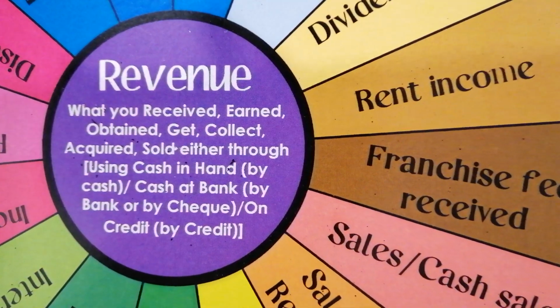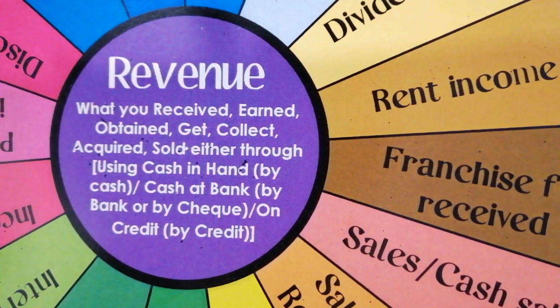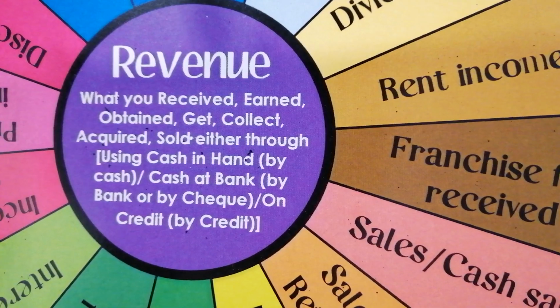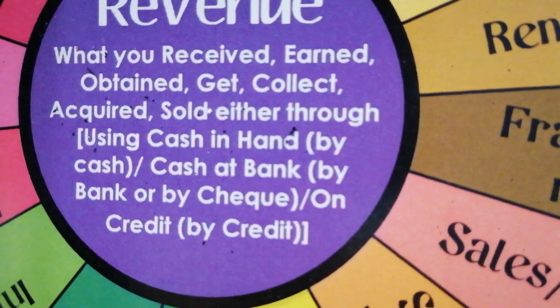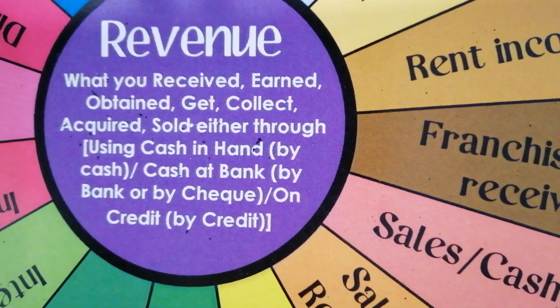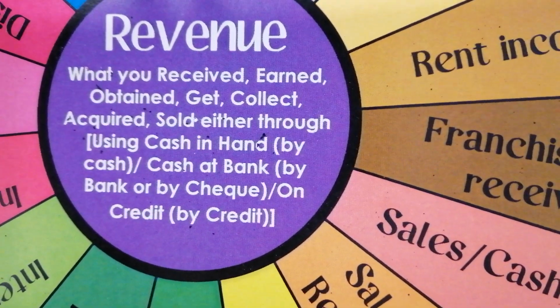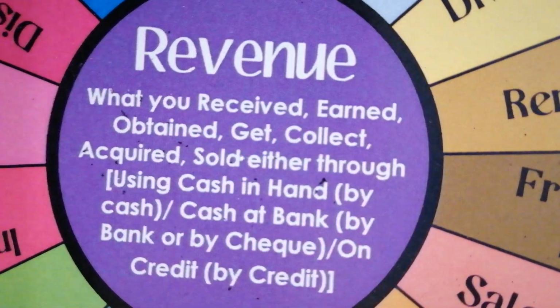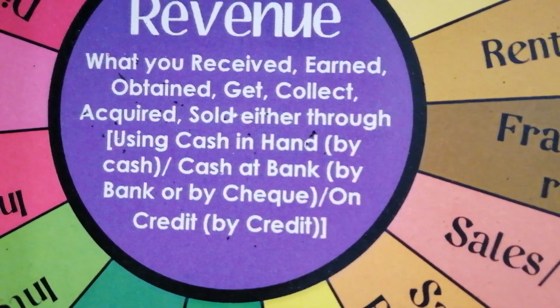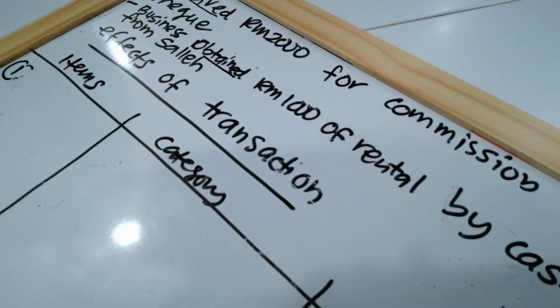What you receive, earn, obtain, get, collect, acquire, sold. Okay? Like sales just now, we use the term for sold using cash in hand, cash at bank or on credit is under revenue. So this is a sentence that is often used in the final exam.